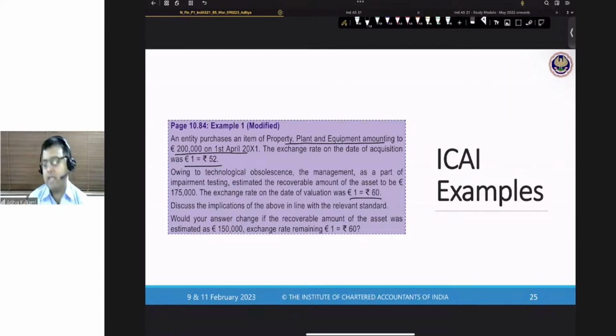Exchange rate was 1 euro equals rupees 60. Discuss the implications of the above in line with the relevant standard. Would your answer change if the recoverable amount of the asset was estimated as 1,50,000 euros? Exchange rate remaining 1 euro equals 60 rupees.